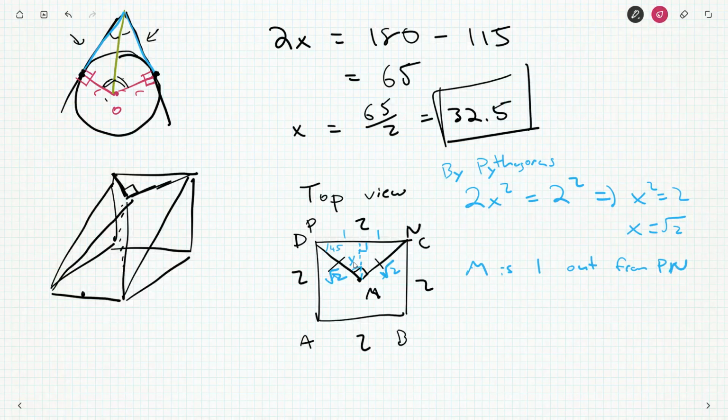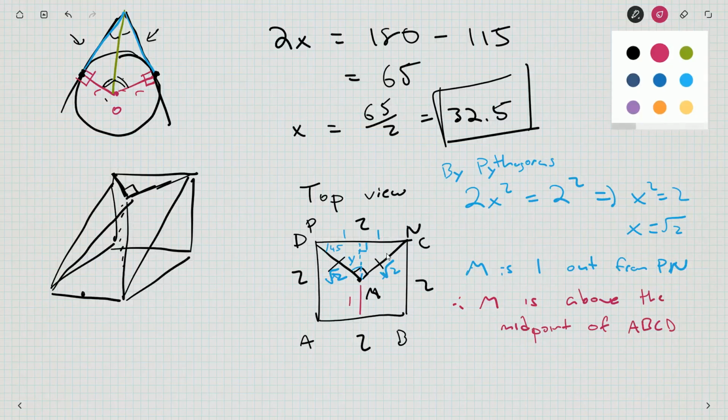But the side length is 2, so it's also 1 here. So M is the midpoint. I'm sorry, not M is the midpoint. M is above the midpoint of A, B, C, D. So I'm starting to understand the picture a little better, and I've got some lengths going on here.